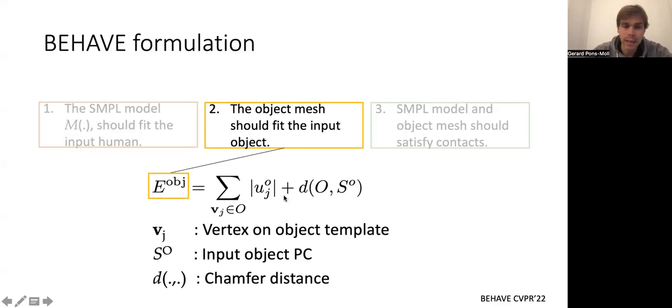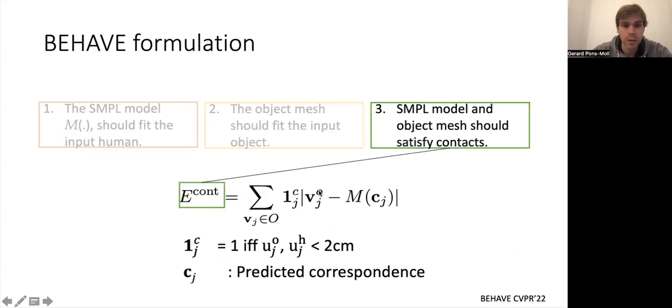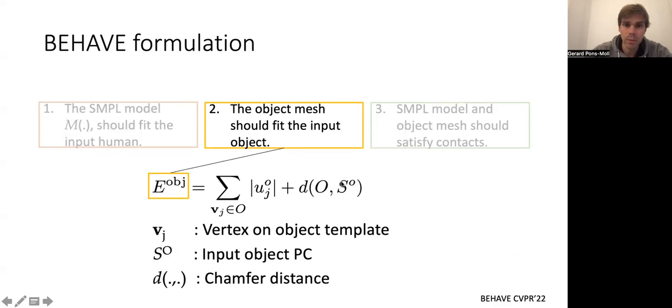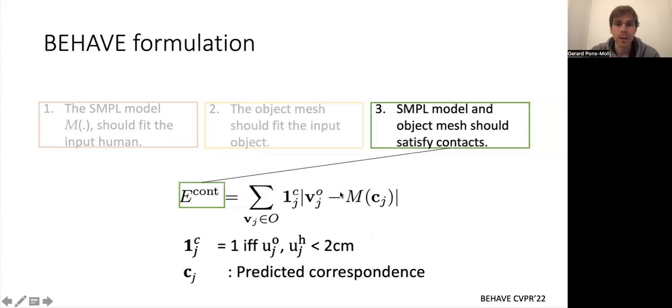And to regularize things, you can also minimize the chamfer distance from the object point cloud. So we want to minimize the distance from the object mesh to the surface S, which is the point cloud captured by the Kinect data.